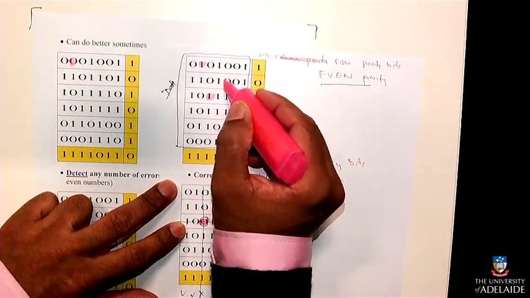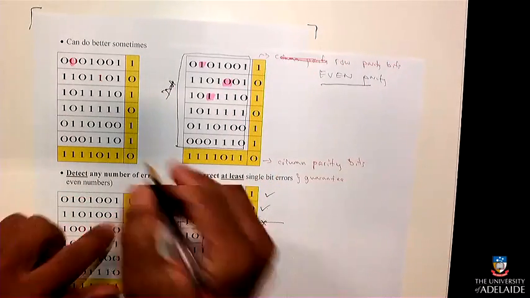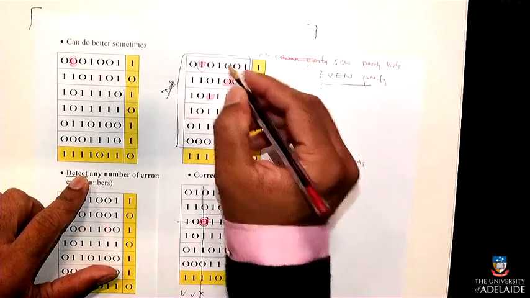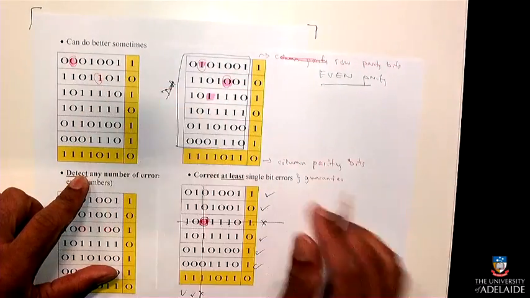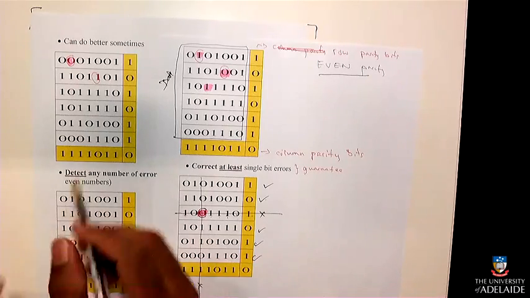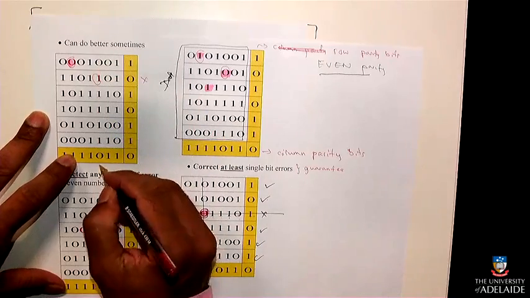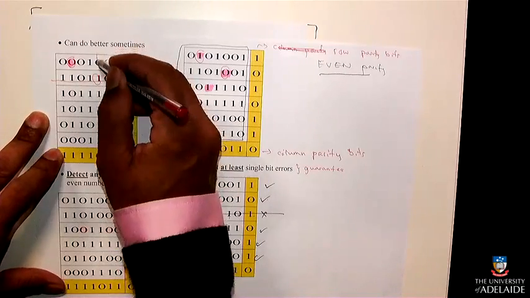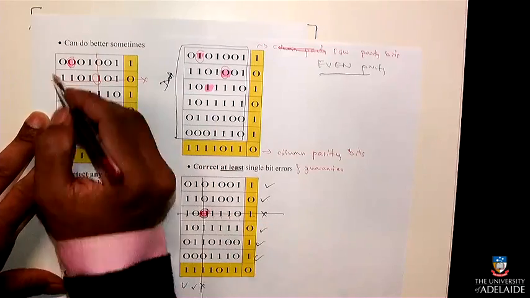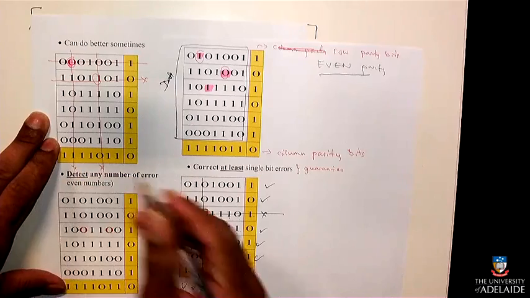This one has changed. So in this case, it turns out that we can detect and correct it, because this parity check will turn out to be wrong. So you can locate that bit. And this will turn out to be wrong. And this will turn out to be wrong, right?